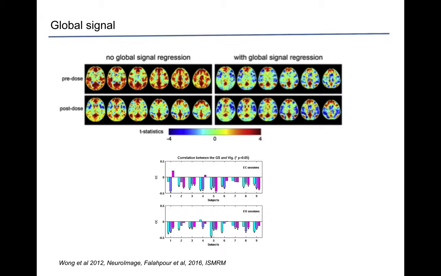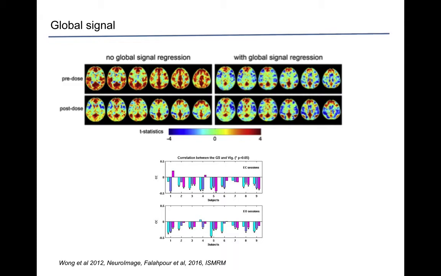And so therefore we can use global signal and assume that it mainly contains signals of no interest. It probably contains the leftovers from physiological changes or scanner artifacts, and so we can include that in your model, because we are mainly interested in more localized activations.